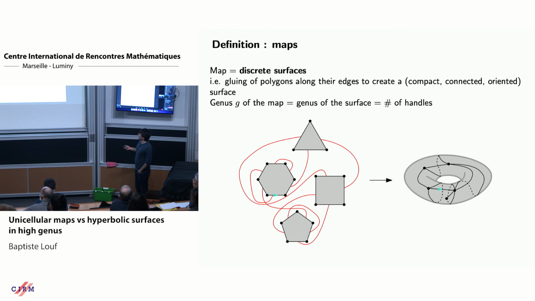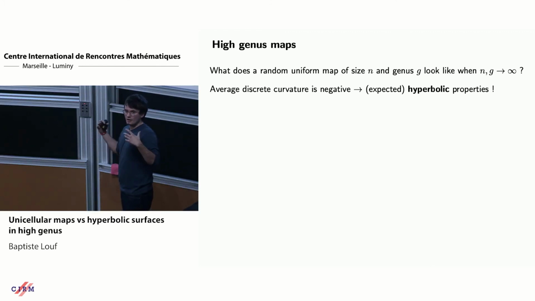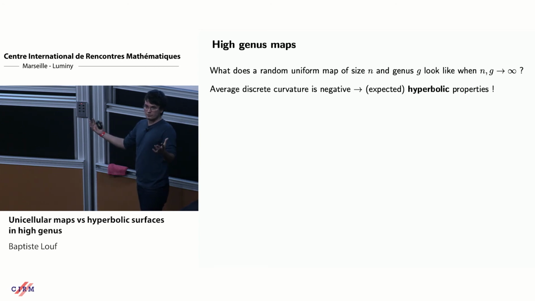So this is for maps, and the regime I'm interested in is the regime called high genus maps. Most of my work is actually about these high genus maps. As in the talk this morning, for instance, of Jérémy, we're interested in what a very large map looks like when the size goes to infinity.